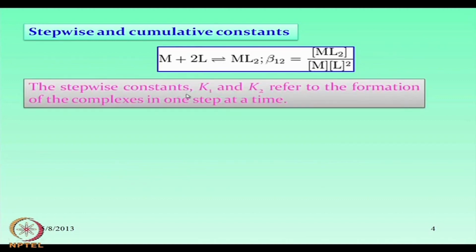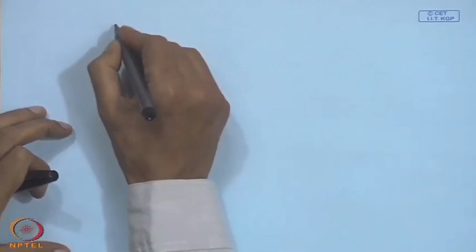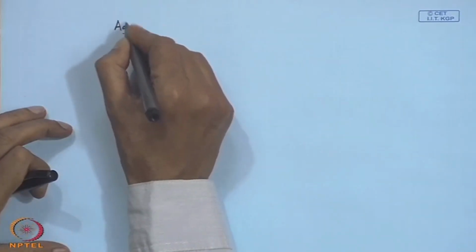So, the stepwise constant, that means in the first step, the addition of 1 L, is also true here, because this particular complex formation is related to the binding of ammonia molecules to the silver ion. So, how does the corresponding reaction take place?